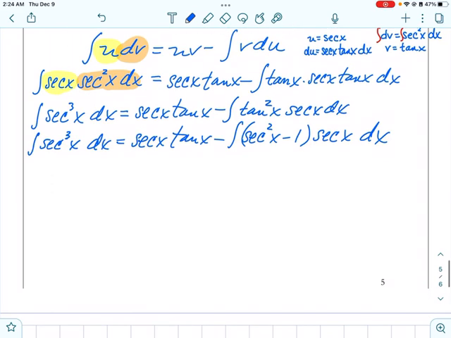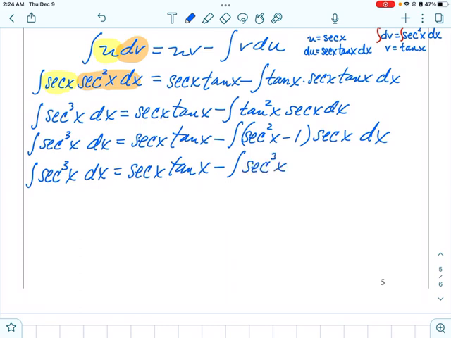So now what I want to do is continue downward. I'm going to change everything. So I end up with the integral of secant cubed x minus secant x, still dx, right? Just distributed there. And that's interesting, right?